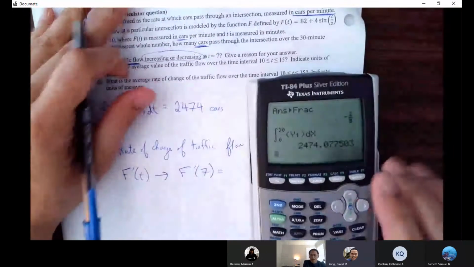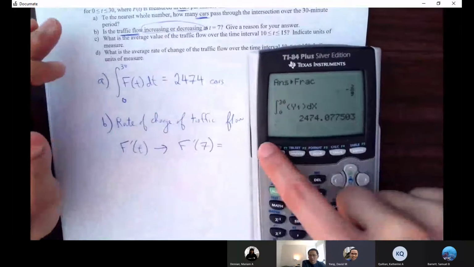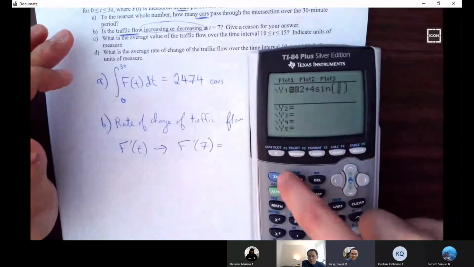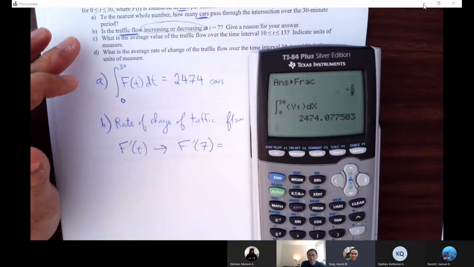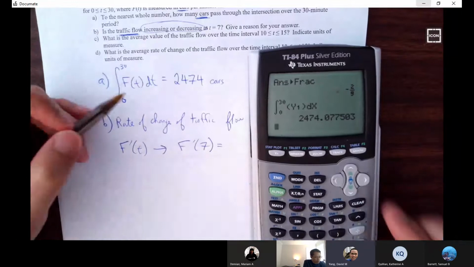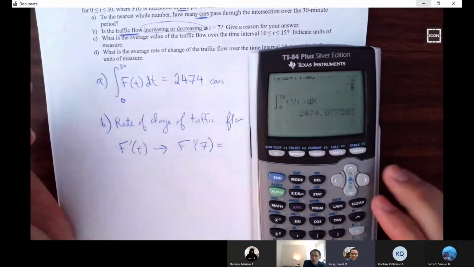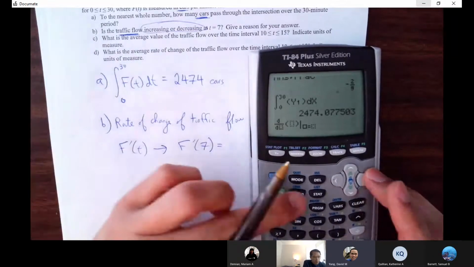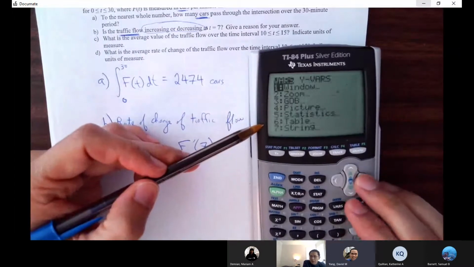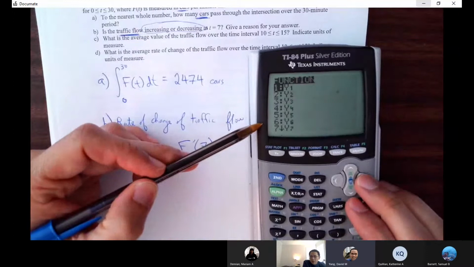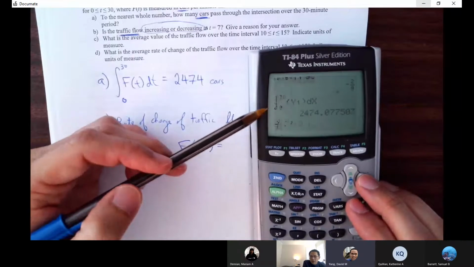So I have my f of t spelled out under y1. I'm going to do math 8, d over dx. I'm going to call the function the traffic flow function, vars, y vars, function y1.